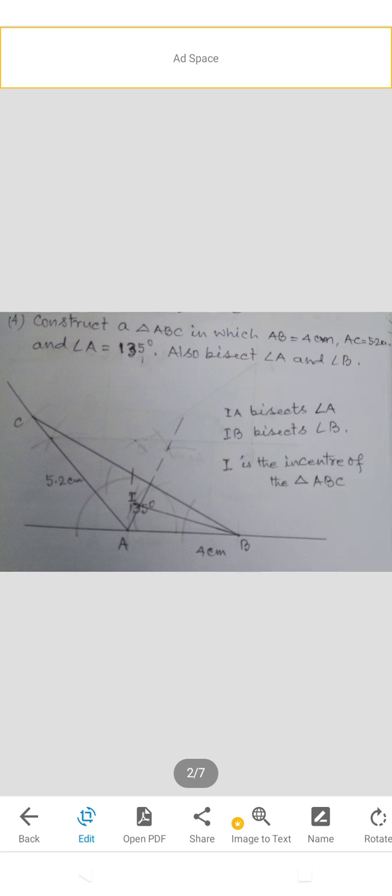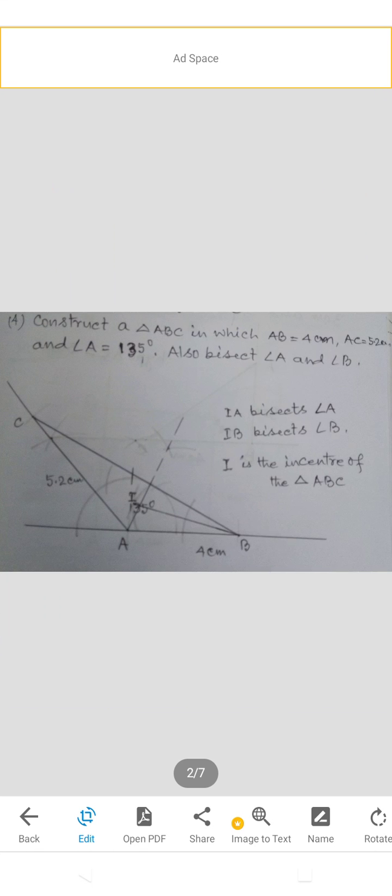So first of all draw a line, then draw the line segment AB equal to 4 centimeter. Angle A equal to, given that 135 degree.